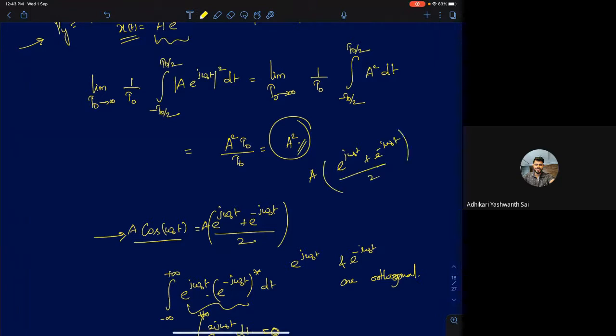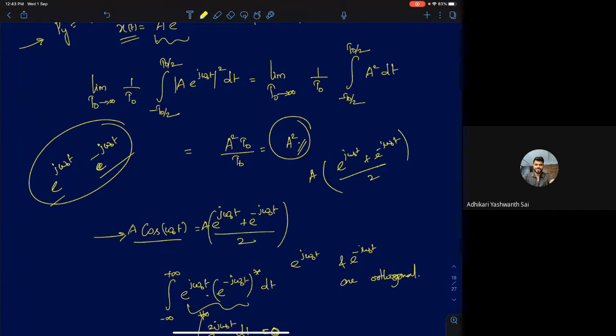So it is the sum of two complex exponentials. Again, you can easily show e power plus j omega naught t and e power minus j omega naught t are orthogonal, because you cannot express one as a scaled factor of the other signal.